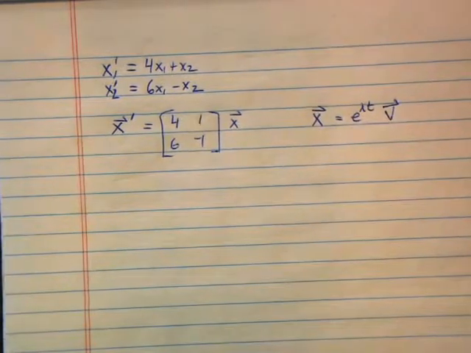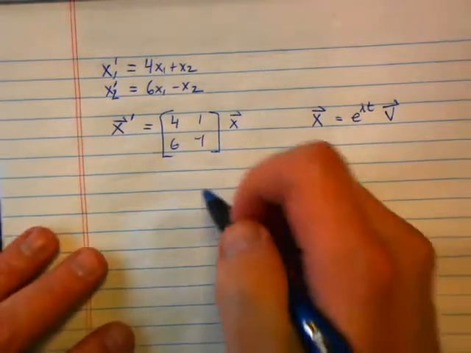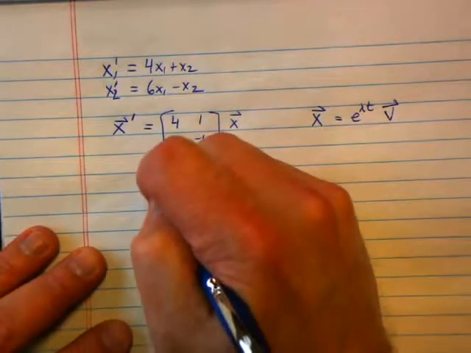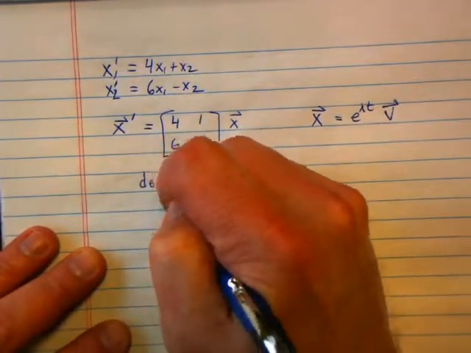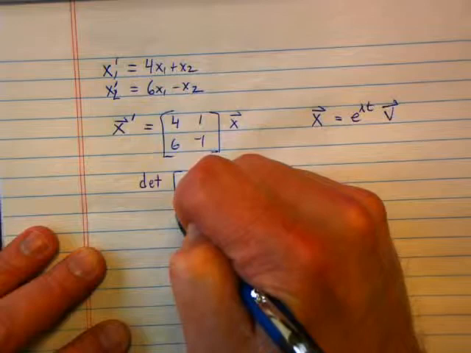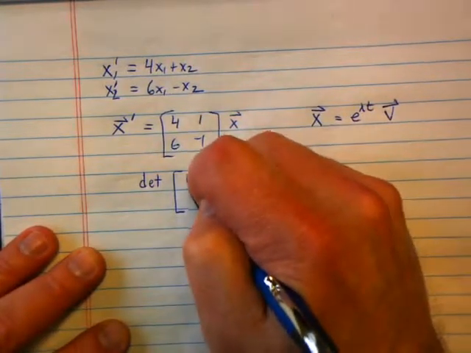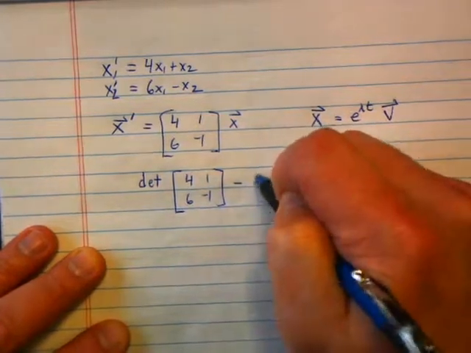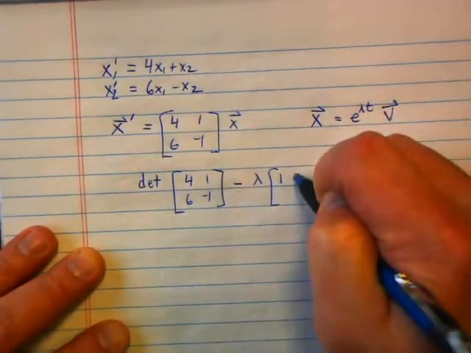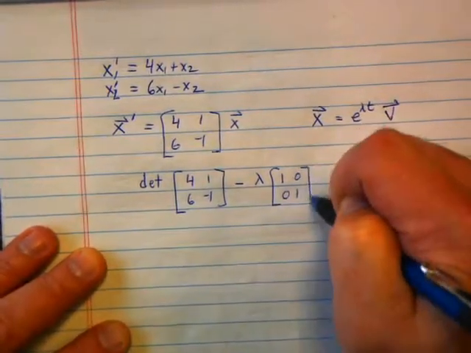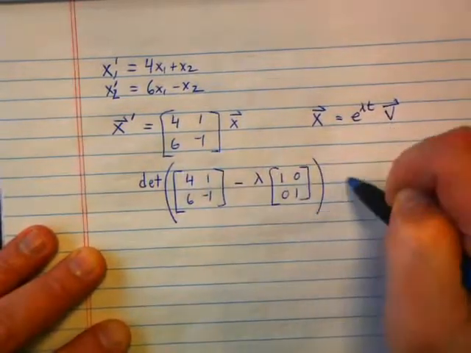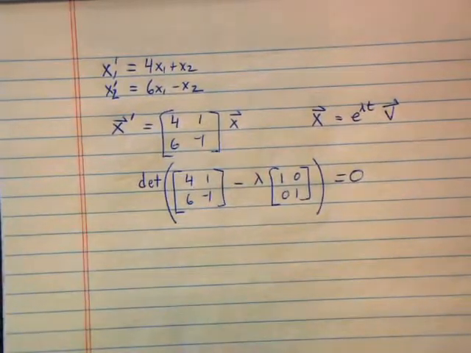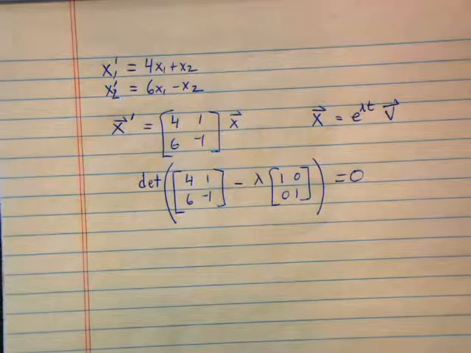But I did a whole bunch of work, and what it came down to is I needed the determinant of this matrix, 4, 1, 6, negative 1, minus lambda times 1, 0, 0, 1, to be 0. That's how you get your characteristic polynomial.